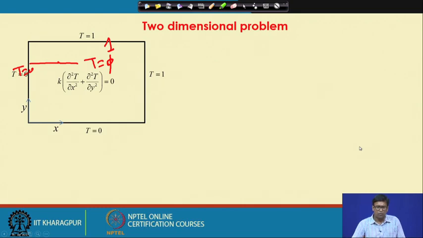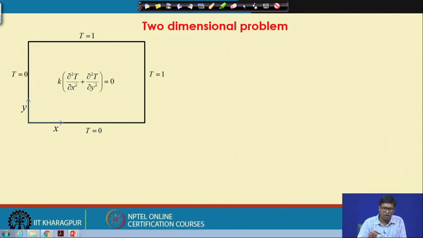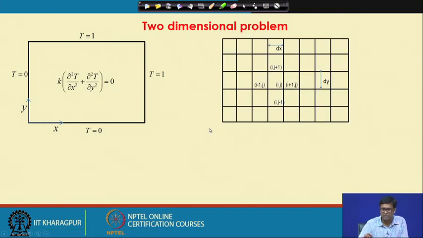Now, this is for a 1D problem. For a 2D problem, the equation is k(∂²T/∂x² + ∂²T/∂y²) = 0. Boundary temperatures are defined at all 4 boundaries. There are 4 boundaries now, and if I try to discretize it, it should be a 2D meshing.